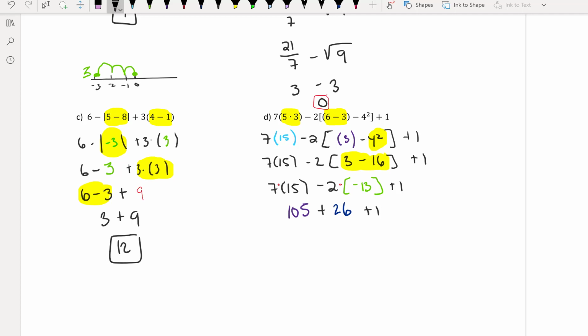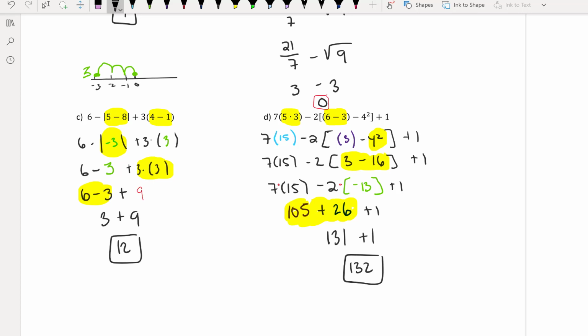There we go. Because negative 2 times negative 13, a negative times a negative is a positive. So 2 times 13 is a positive 26. And now I can add these together. So 105 plus 26, well, that's going to give me 131 plus 1, which will give me 132. Okay.